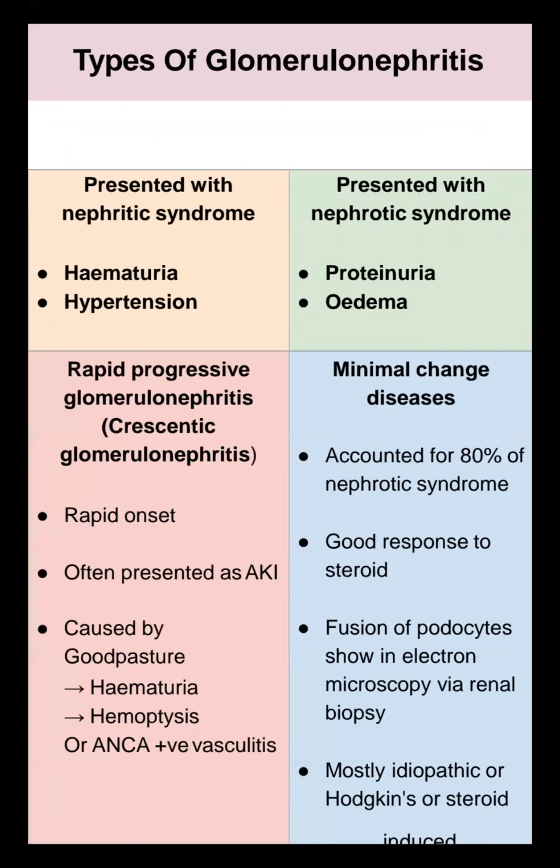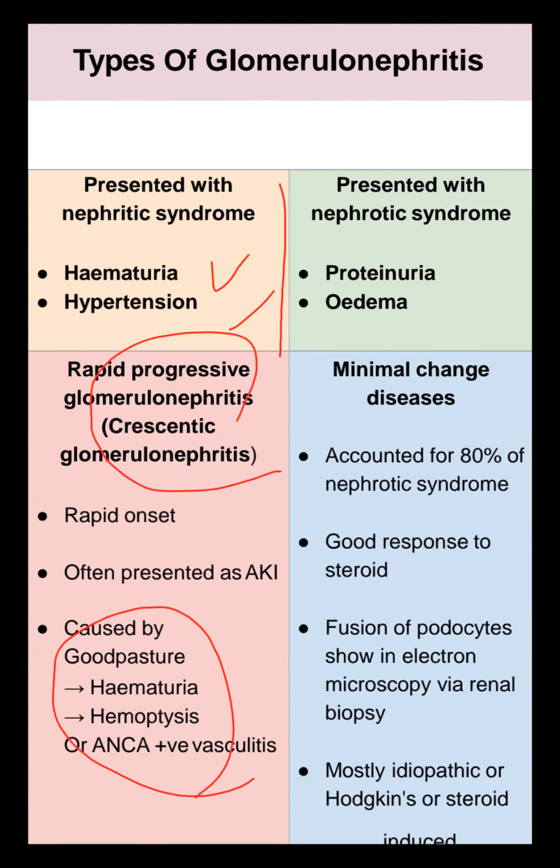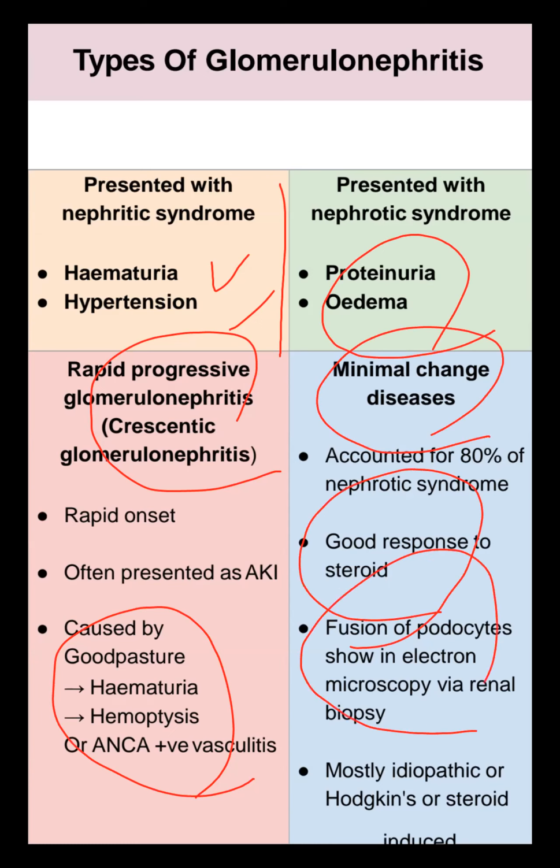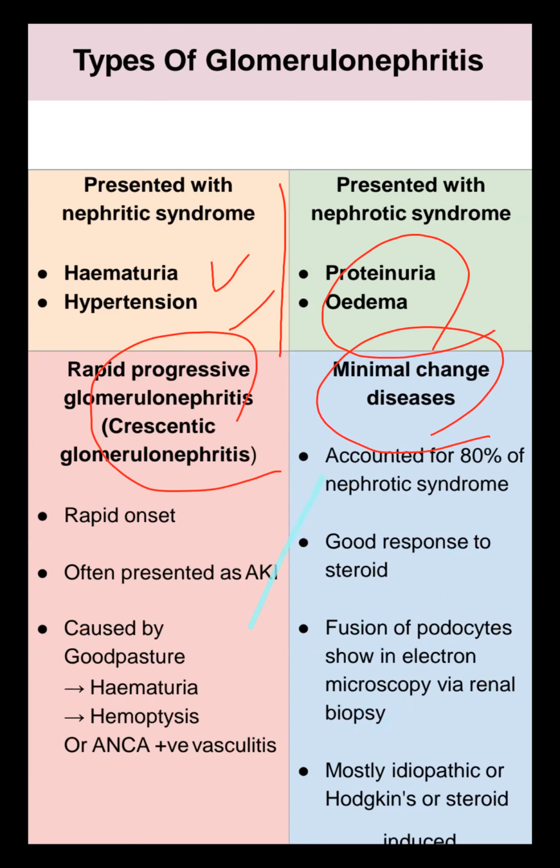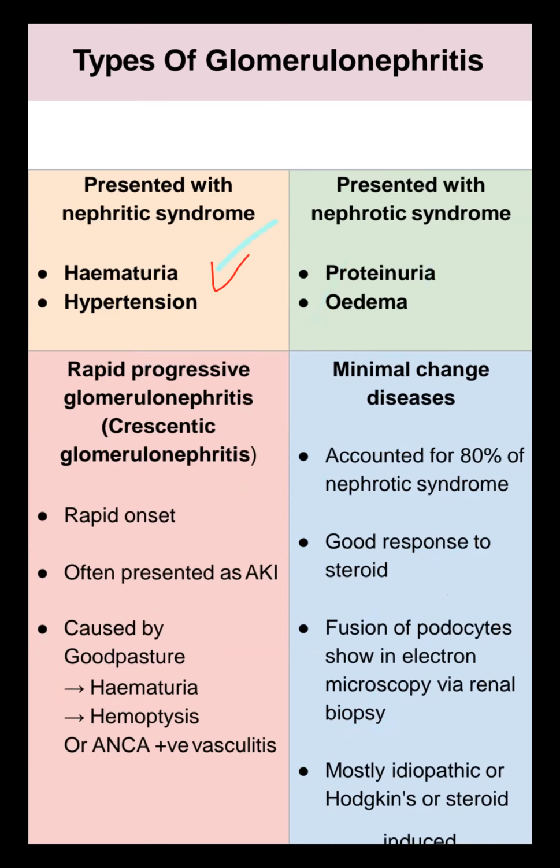Nephritic syndrome presentation: hematuria, hypertension, rapid onset, Goodpasture's, hematuria, hemoptysis, C-ANCA vasculitis. In nephrotic syndrome: proteinuria, edema, minimal change disease, steroid-responsive, good prognosis, foot process fusion, mostly idiopathic, and Hodgkin or steroid. Just remember this summary.